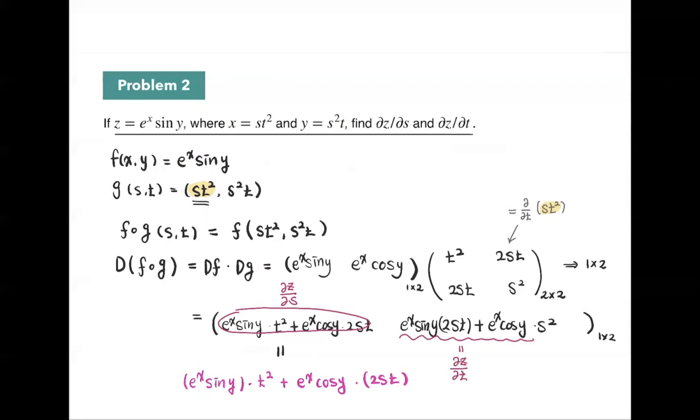Okay, so you can calculate dz/ds and dz/dt using the matrix multiplication. I mean, yes, by multiplying these two matrices, you can get dz/ds and dz/dt. Okay, there are two methods.